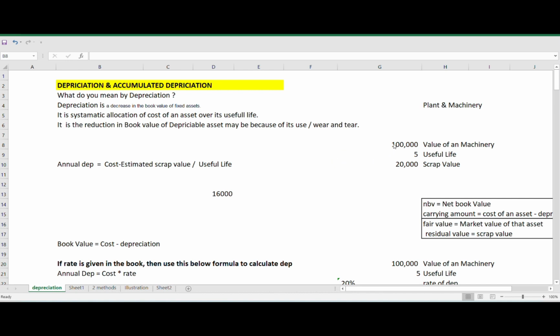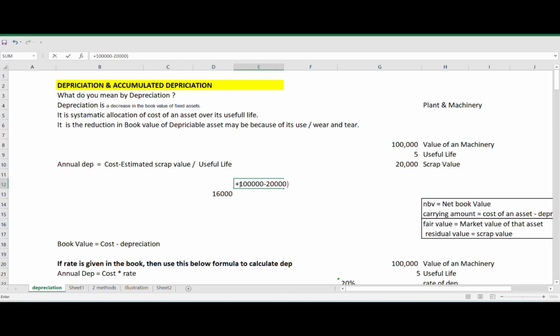So now, taking these elements, let's calculate the depreciation. How do you calculate the depreciation? The formula for calculating the depreciation is the cost, 100,000, minus scrap value, 20,000.